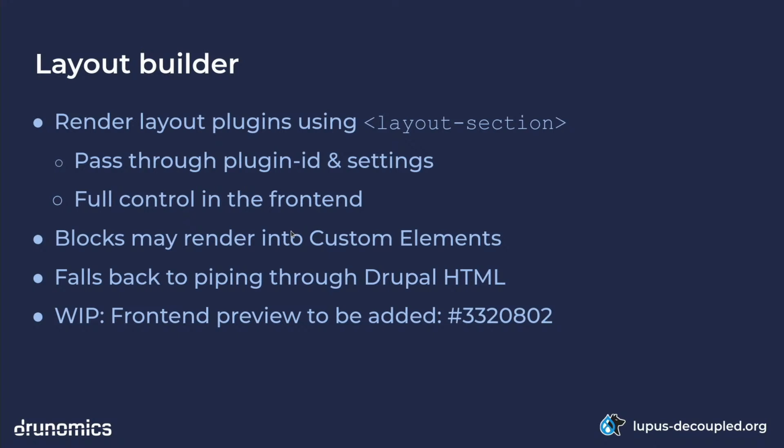But if the block, like all of the core blocks, does not support custom elements, then it would just fall back to regular Drupal rendering and give you just the Drupal HTML. So if you would like to integrate that somewhere, you get just the Drupal HTML, and you obviously would have to take care of styling that in your Next.js frontend yourself, but it's doable.